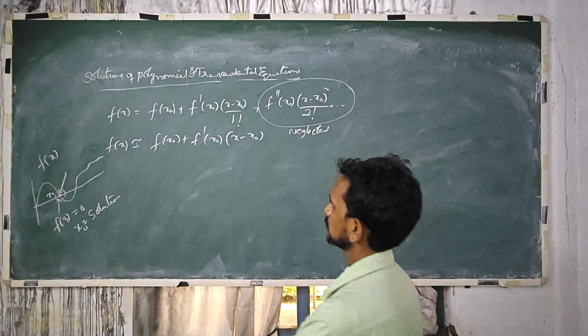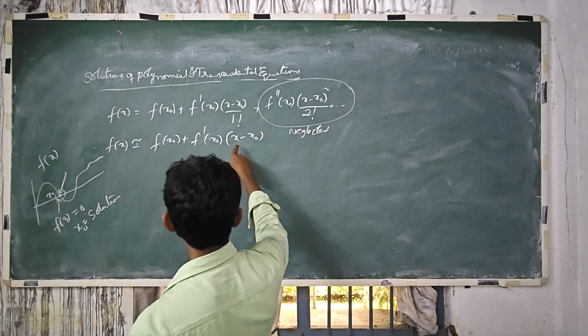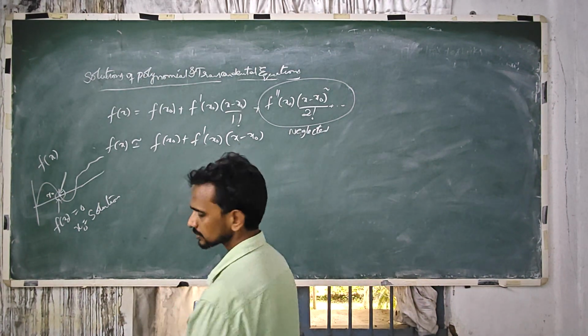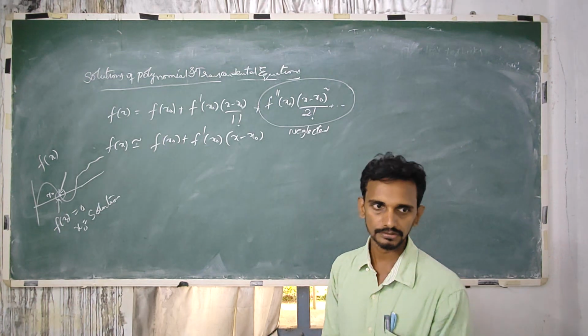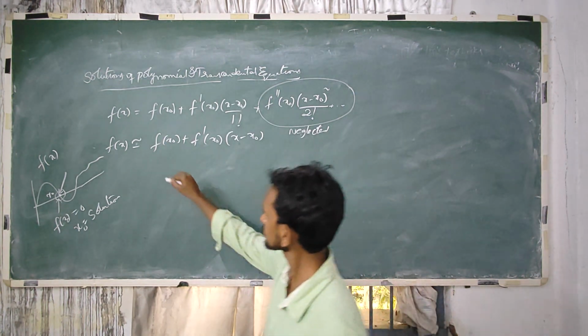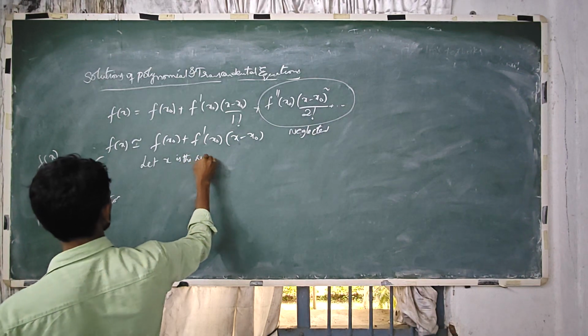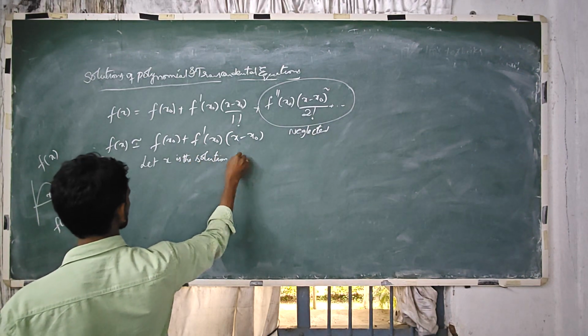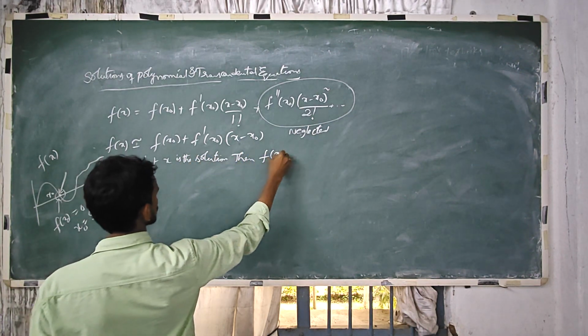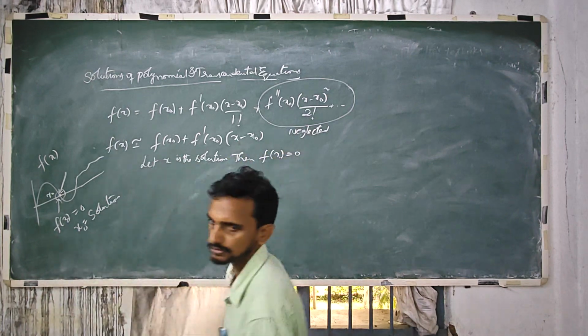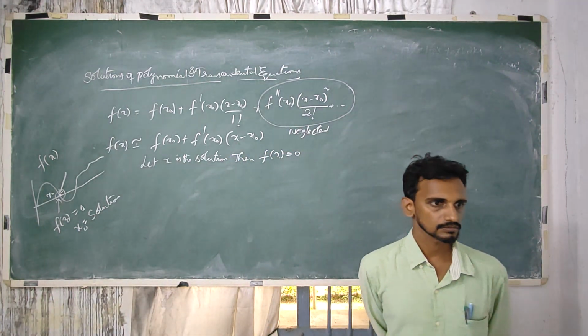So now I am assuming x is the solution, so then what happens? f(x) is 0.